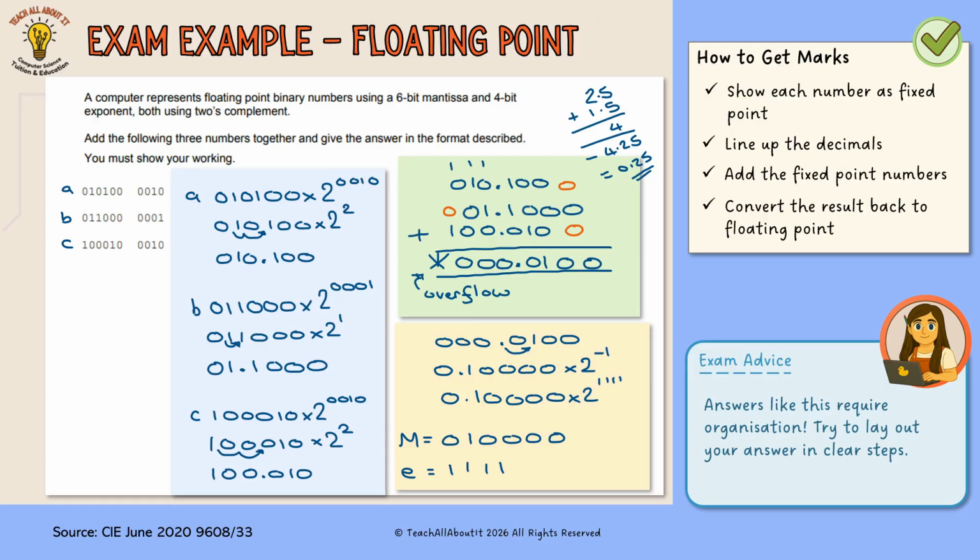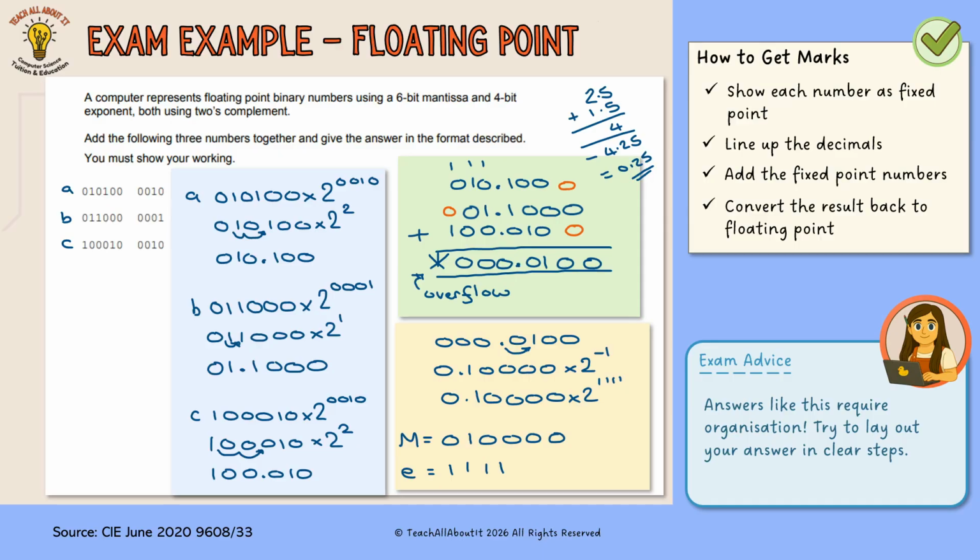So you get marks for showing the fixed point representation, you get marks for showing your binary addition, and then you also get marks for showing that conversion back into a floating point normalized number. So when you are showing your answers, try and lay them out in a way that you can show here is step 1, here was step 2, here was step 3.